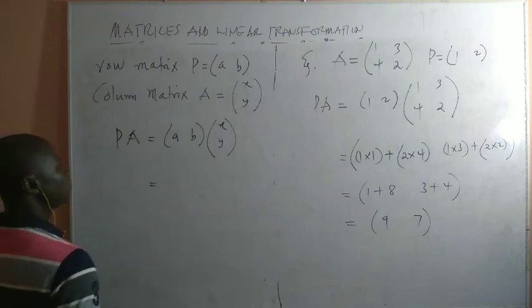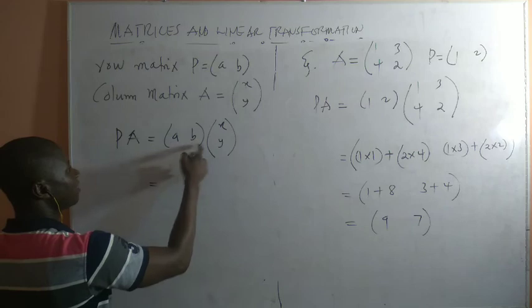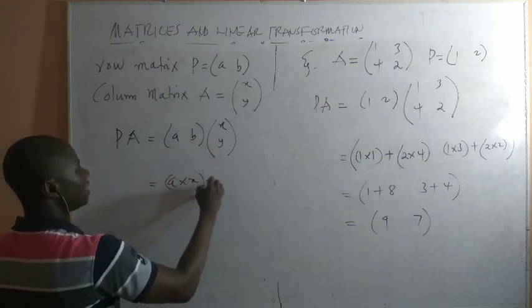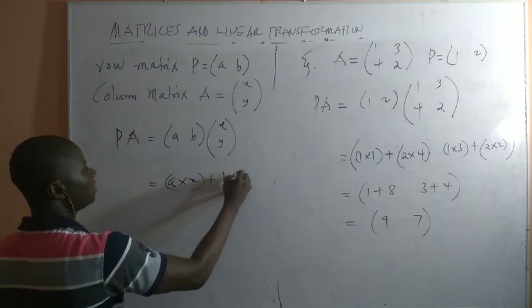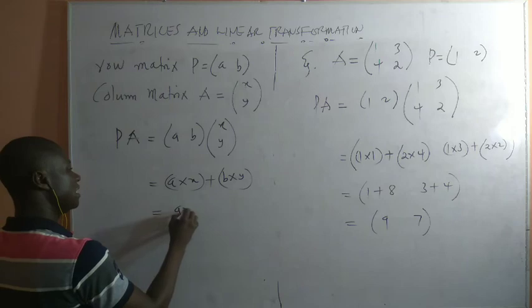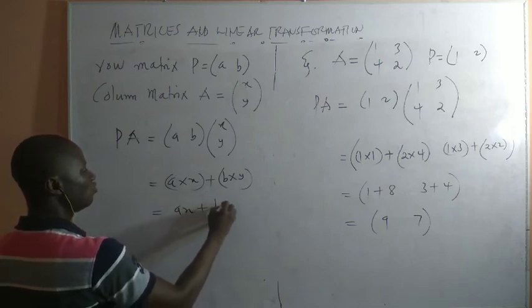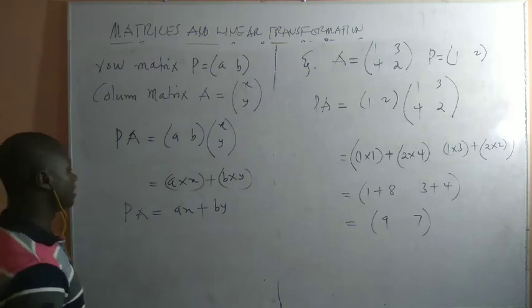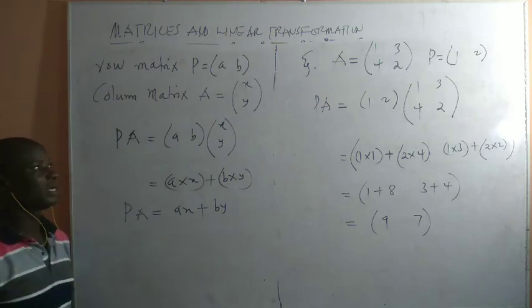And so in multiplying, we have A times X plus B times Y. So this will be equal to AX plus BY. So when we multiply the row matrix by the column matrix, this is what we are getting.